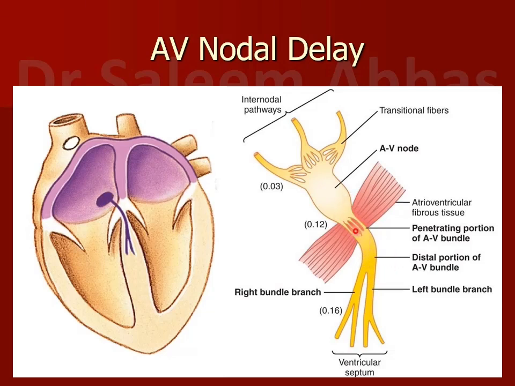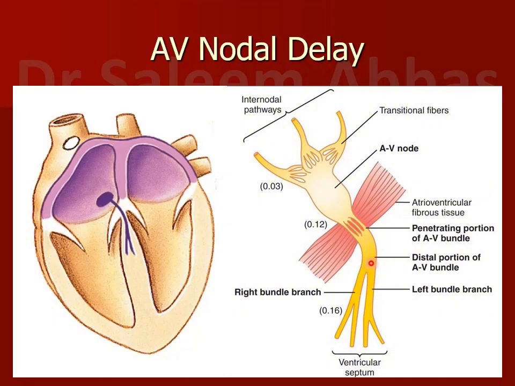Then in the bundle of His, another delay of 0.04 second occurs. So there is a delay of 0.09 second in the AV node and 0.04 second in the bundle of His, a total delay of about 0.13 second.